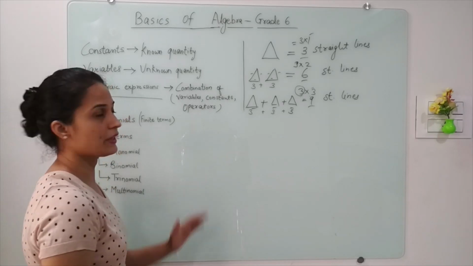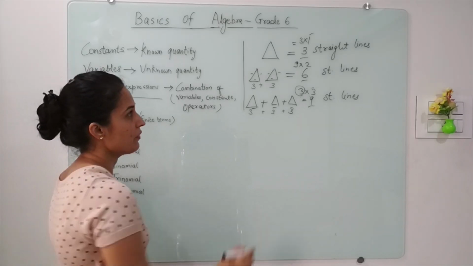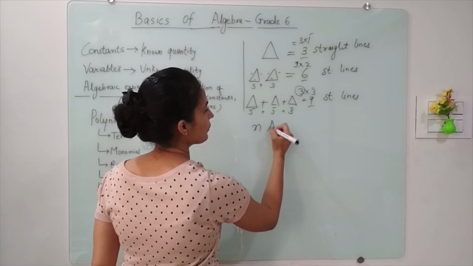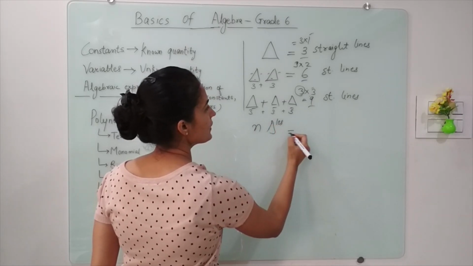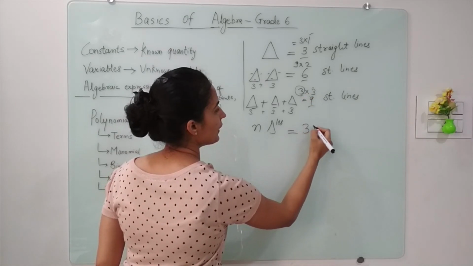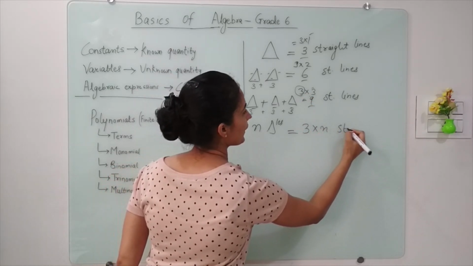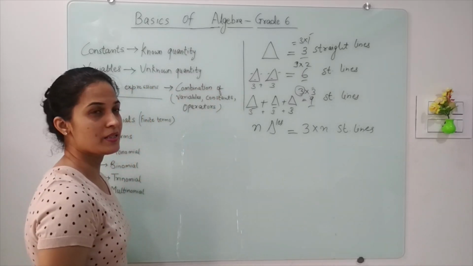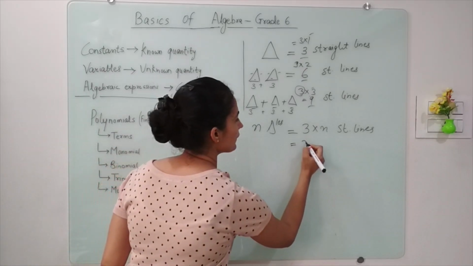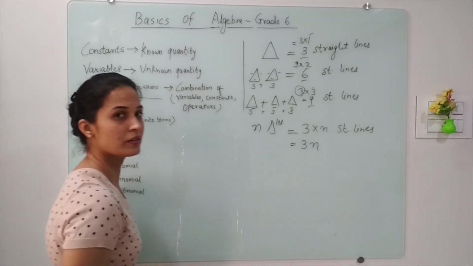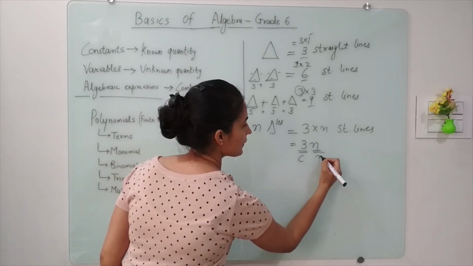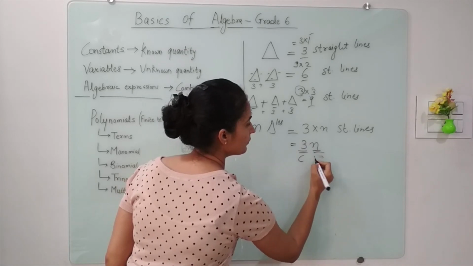So the pattern we have created is that to create n number of triangles, I need 3 into n straight lines. That means the rule formed here is 3n. Now this 3 is a constant and this n is a variable.